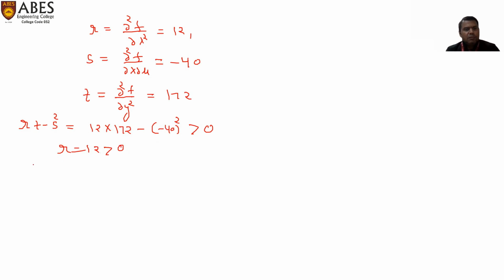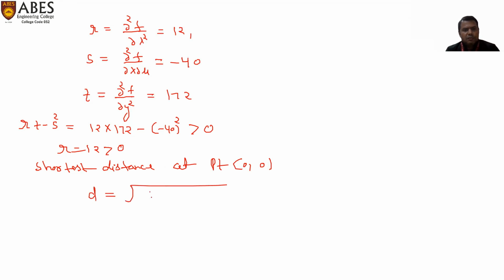So we say the shortest distance at point (0, 0) is d equals root 116. Since lambda and mu are 0, all the other terms are 0. We get only root 116. It is 2 root 29. So it is the shortest distance between the two lines.